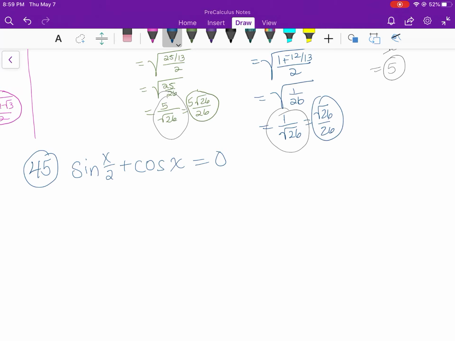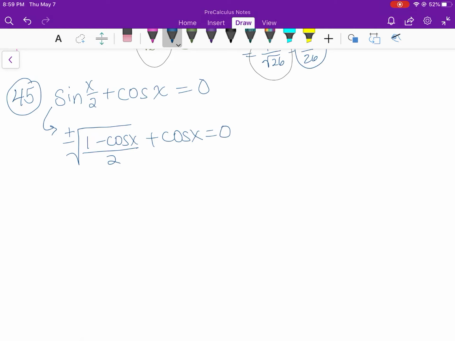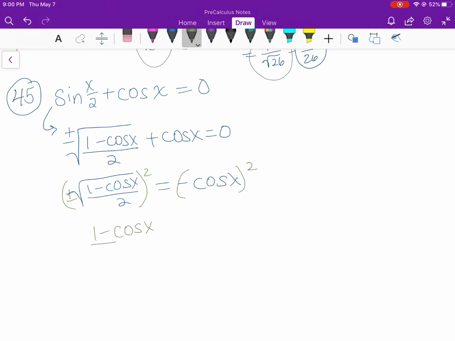So what you're going to do is you're going to replace sine of x/2 with its equivalent half angle. From here, we're going to separate our terms so that we can square both sides. When we square both sides, we remove the radical, and that plus or minus, when you square it, they're going to be positive, so we can just take it right off.